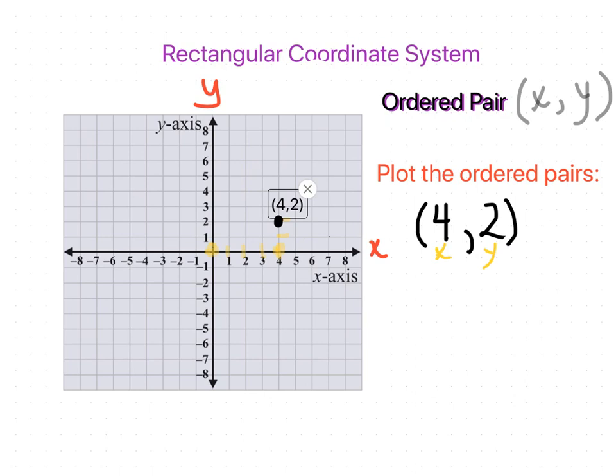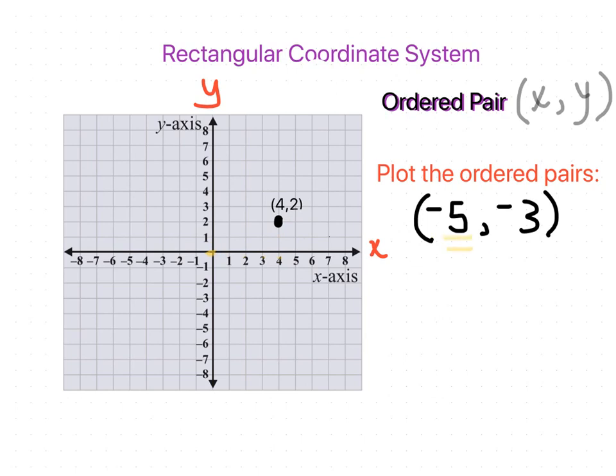Let's take a look at another one. Let's plot the ordered pair -5, -3. Where do we start? That's right, at the origin, 0, 0. Starting from the origin, we first look at our x-coordinate, -5, which gives us our horizontal, or left to right, movement.